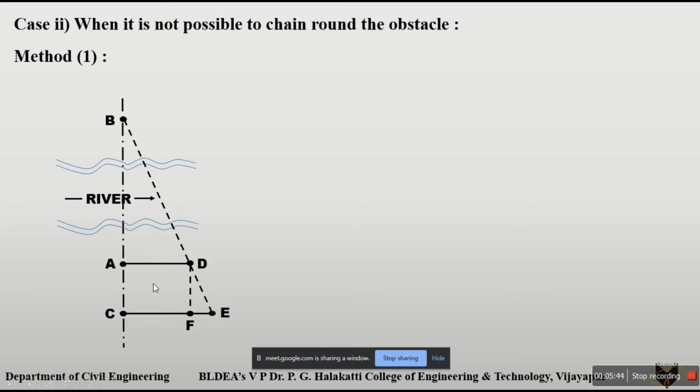Then the triangles ABD and FDE are two similar triangles. Using the similar triangle relations, for the first triangle ABD, we can write AB divided by AD equal to FD divided by FE.